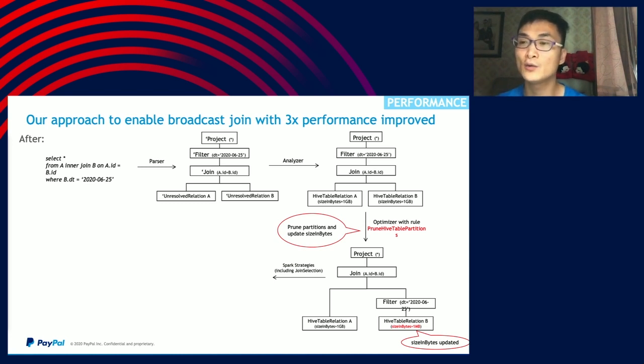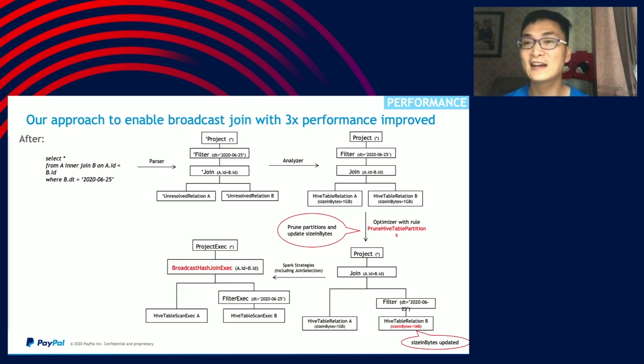So here our rule will correct the statistic to 1 megabyte, and then we will go through the Spark strategies. In the join selection, we will select the broadcast join for execution because 1 megabyte is good enough for broadcast join. Yes, this is our change and solution to enable the broadcast join.